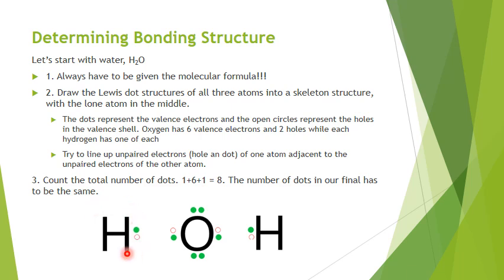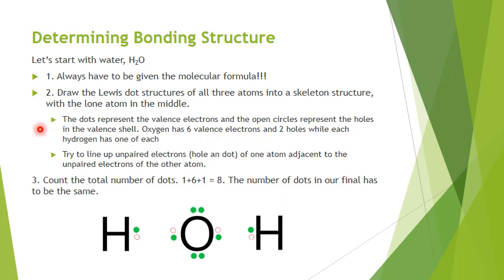Here's the Lewis dot structure for hydrogen, here's it for oxygen, here's another. So hydrogen has 1 electron in its outer shell and 1 hole. Oxygen has 6 electrons in the outer shell and 2 holes. And here's the other one.